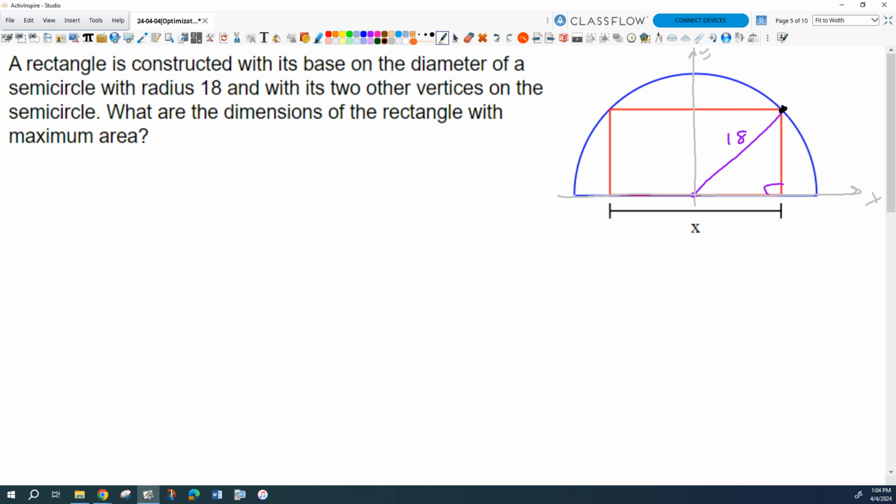In fact, let's change that. It'll work, but there's probably a better way to do this. Couldn't we let x equal that distance? And then that becomes the x coordinate of that point. The y coordinate of that point is just y, where y is the height of that rectangle then. Everybody see that? Okay.